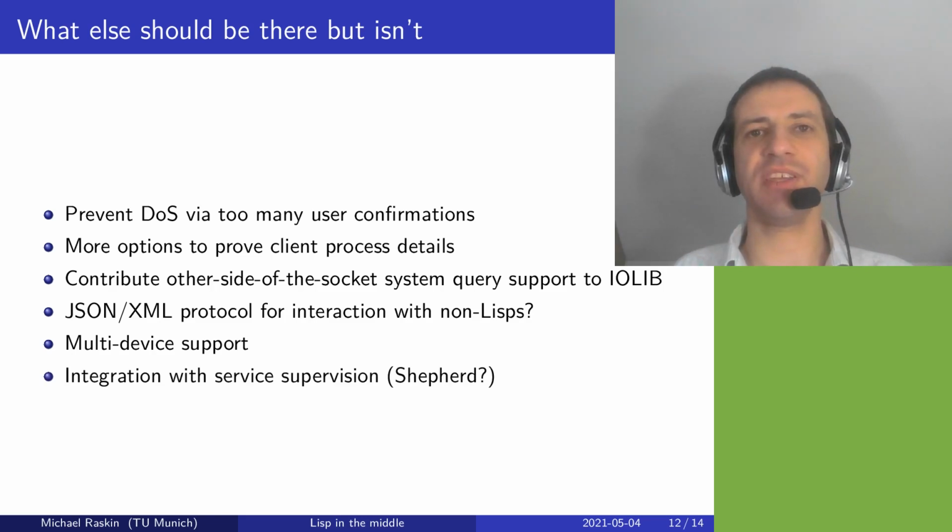And speaking of supervising a collection of things, I don't actually have any kind of service supervision, and maybe I should integrate with Shepherd or something like that to have service supervision support, so that I can control which daemons fail and restart them. It just so happens that right now I only want to run daemons which don't fail on their own without reason.